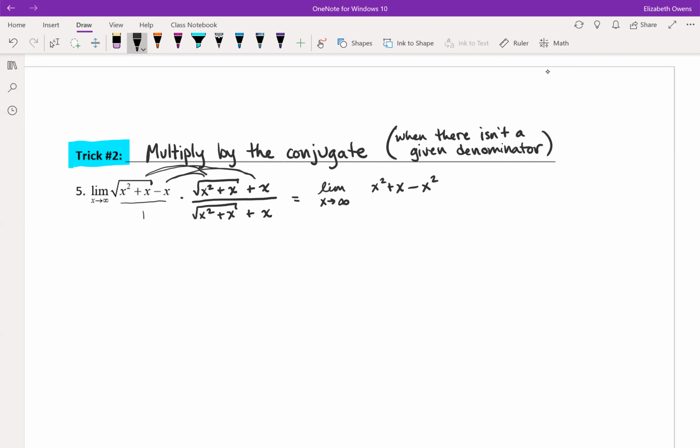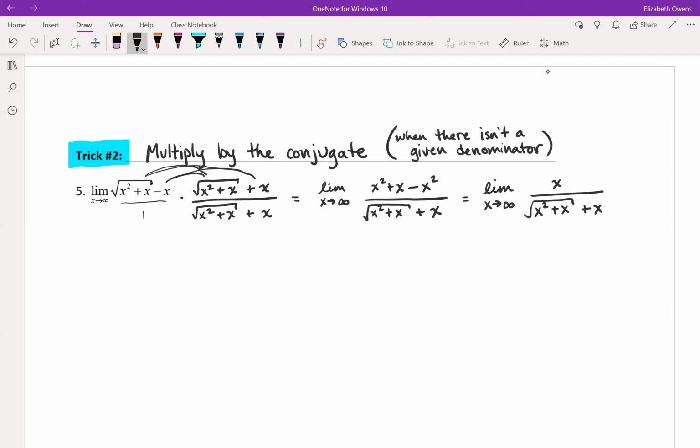So just distribute it on top there. And in the denominator, we will just have the conjugate itself. Now notice that we will have a little bit of cancellation up in that numerator. So now our problem looks like the limit as x approaches infinity of just x over the square root of x squared plus x.